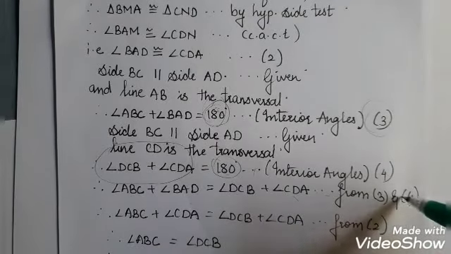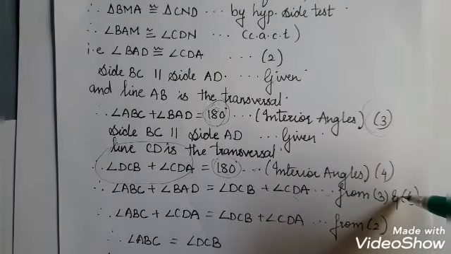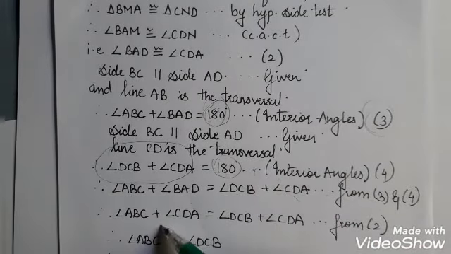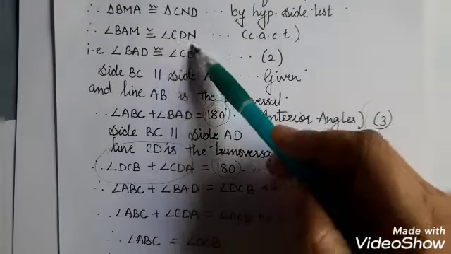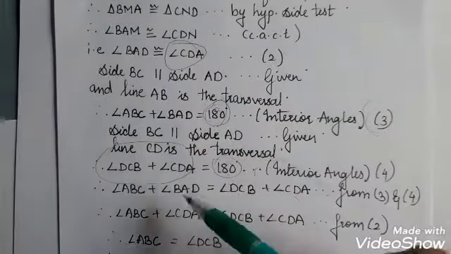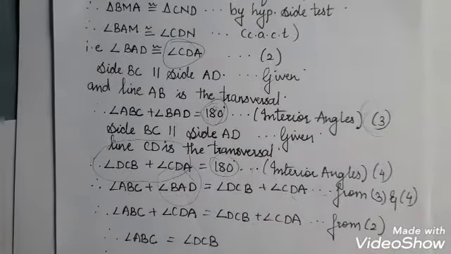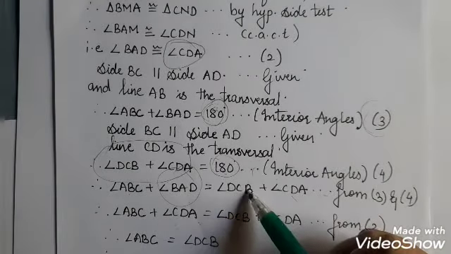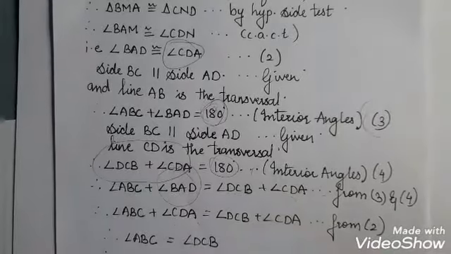So from 3 and 4, now we got here angle BAD is equal to angle CDA. So in place of angle BAD I write angle CDA, which is equal to angle DCB plus angle CDA.